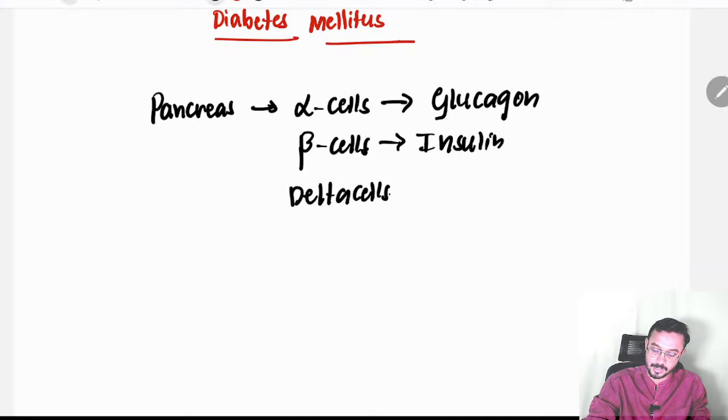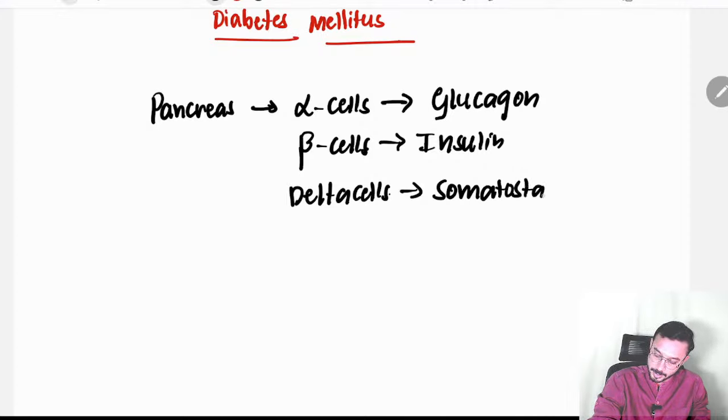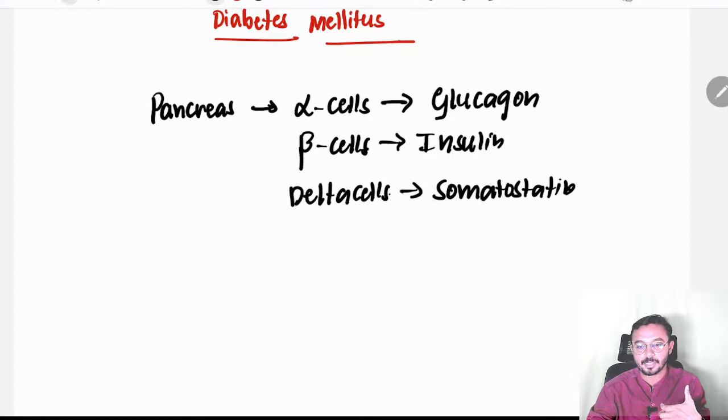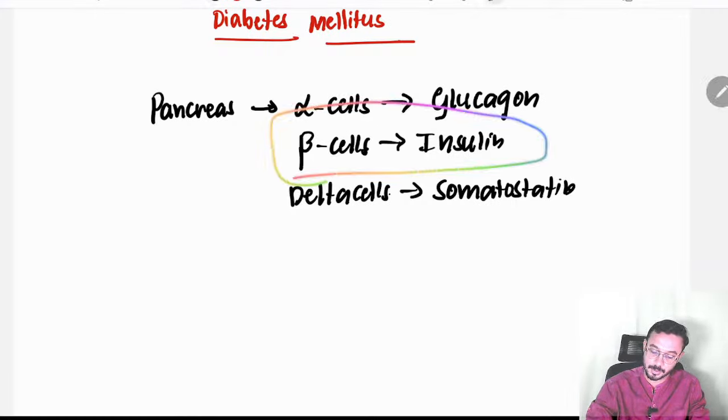And delta cells will secrete a hormone known as somatostatin. This is the basic physiological concept about how insulin is secreted. We all know that in type 1 diabetes mellitus, there is improper formation of this insulin, right? These beta cells will get destroyed. I will be teaching about that.